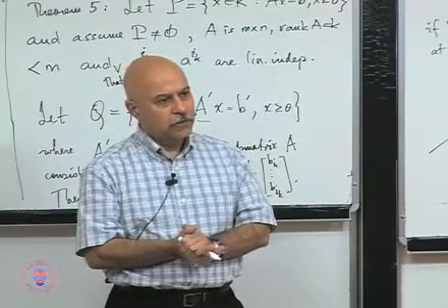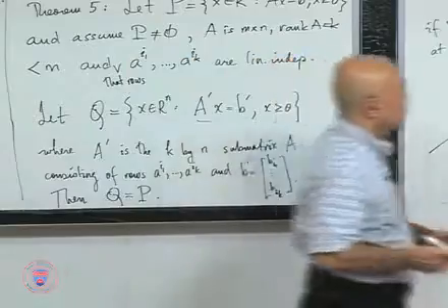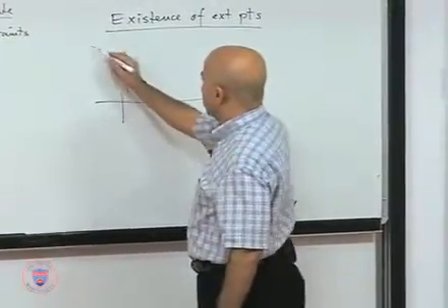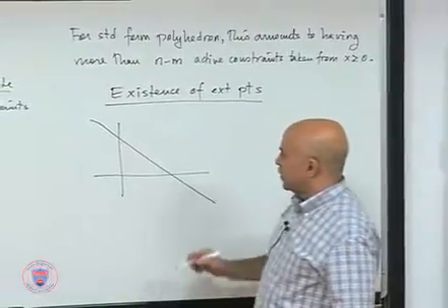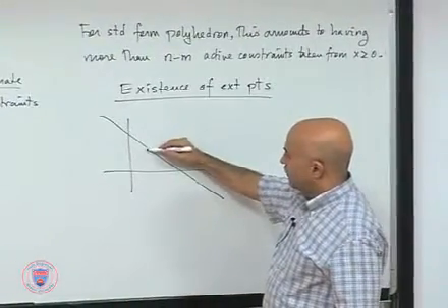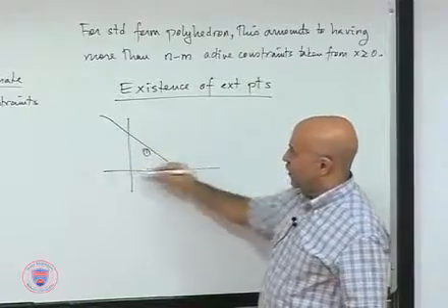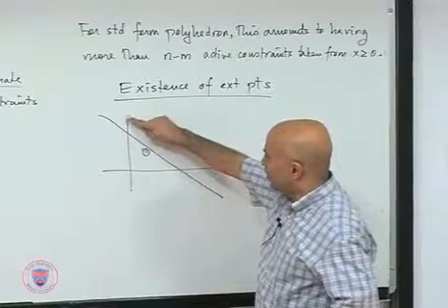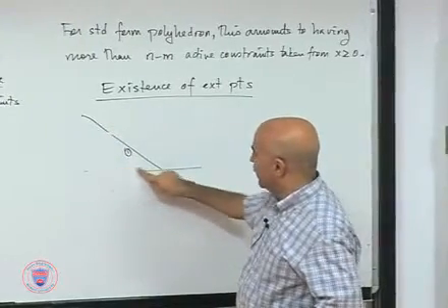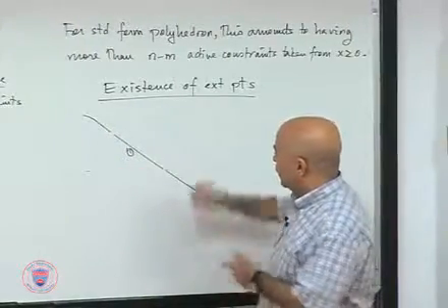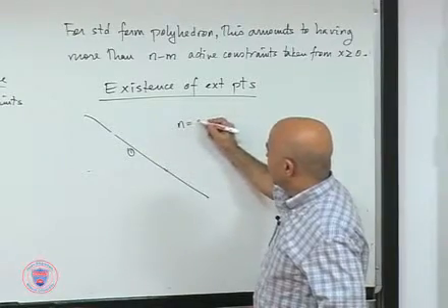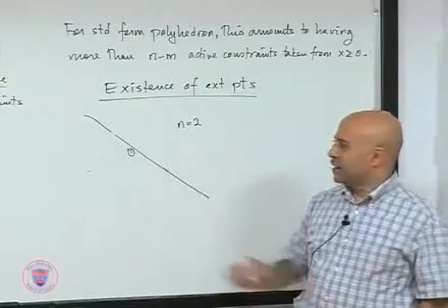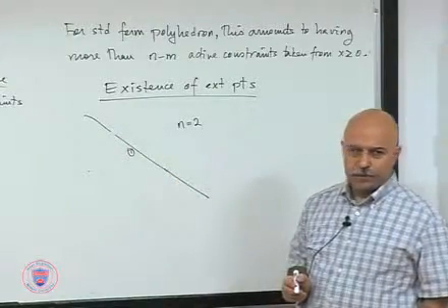Number 2, if you look at an example where you are in 2 dimensions and there's only one constraint, it's this one. There's only one. The other ones, even though I put them as axes, are not constraints, so maybe we should remove them. You're in 2 dimensions, and there's only one constraint like this. In this case, of course, this has no extreme points.